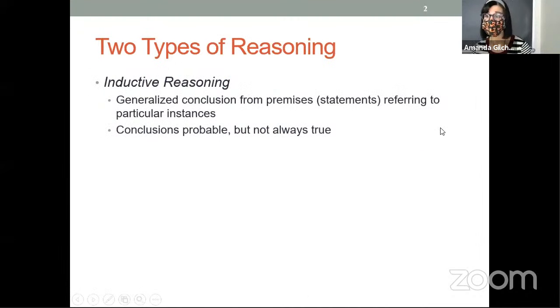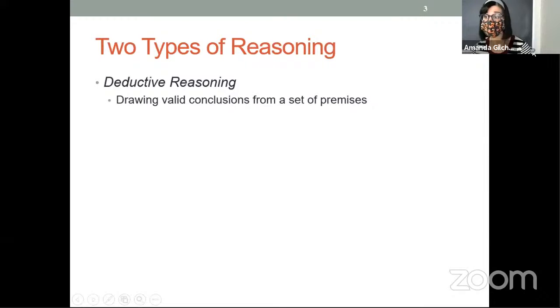So we are going to talk about logic and reasoning, and we have to start by talking about a difference between what we call deductive reasoning and inductive reasoning. Deductive reasoning is basically drawing a valid conclusion from a set of premises.